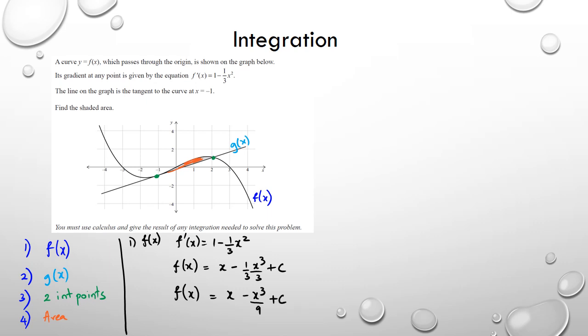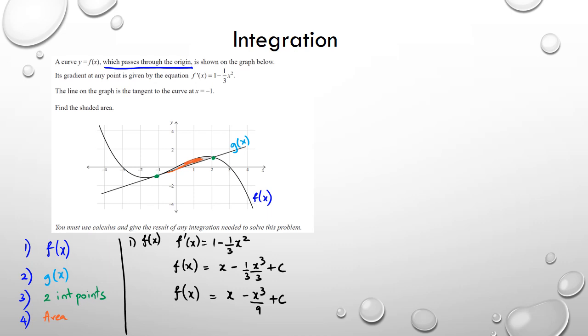I need to figure out what the c value is first, so I definitely need a point. I've got a couple of choices for a point, but I'm going to look at what the question says. It says the curve passes through the origin, which means this equation goes through 0, 0. So I can straight away say that c is going to equal 0.